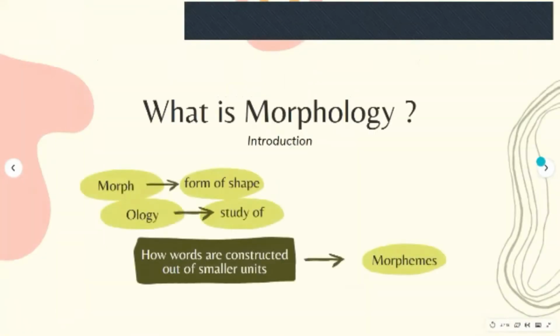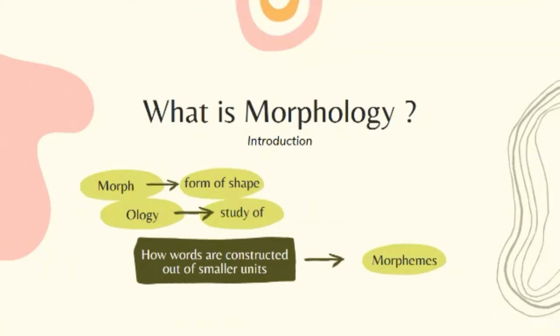So what is morphology? Morph means form or shape, and ology means study of. If we combine them together, morphology means study of form or shape. And morphemes are taken from the word morphology. Morphemes means how words are constructed out of smaller units.